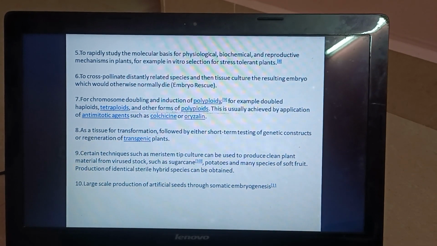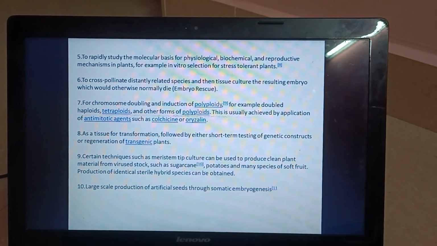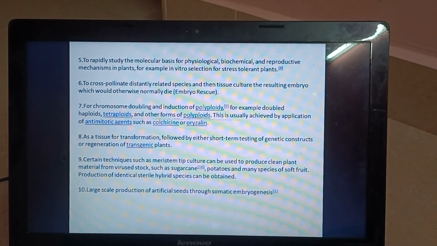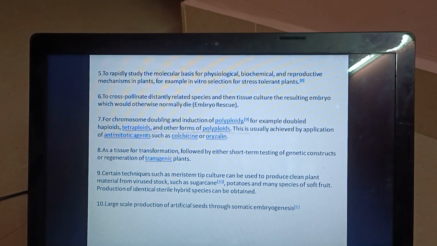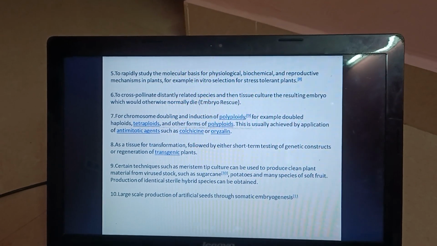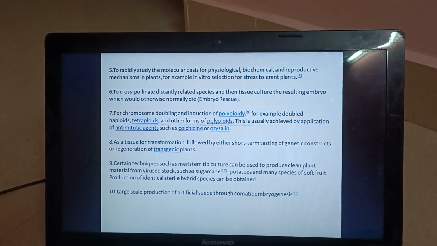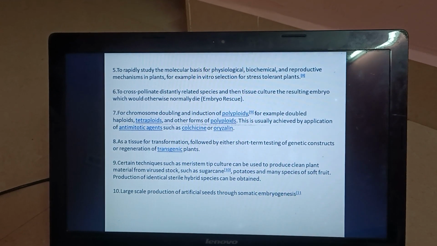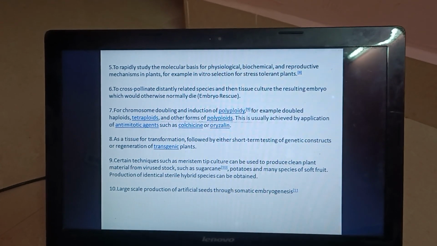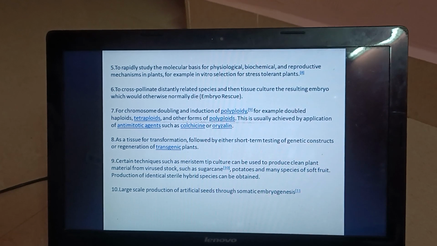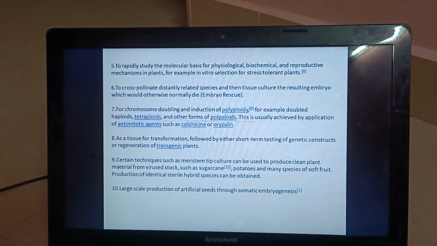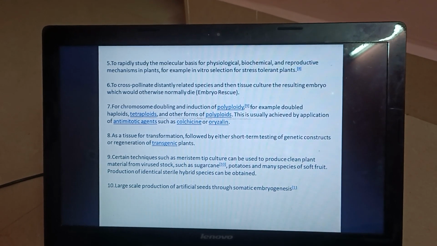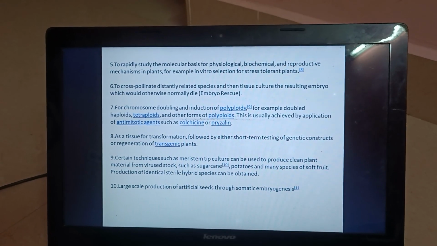Okay. The next one is to rapidly study the molecular basis of physiological, biochemical, and reproductive mechanisms in plants. For example, in vitro selection of stress tolerant plants. Why do we choose these stress tolerant plants? See, stress tolerant plants have the potential to grow in drought and have stress resistance.